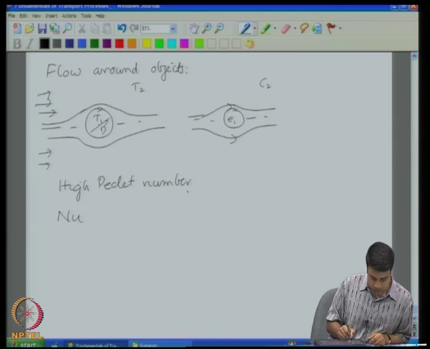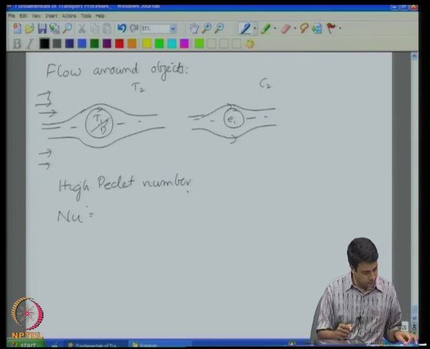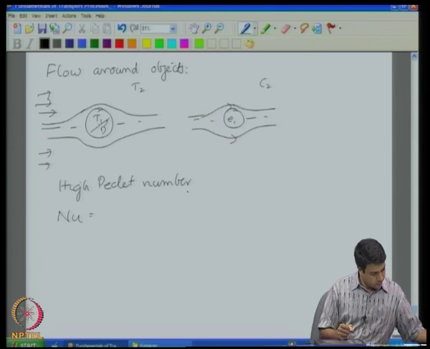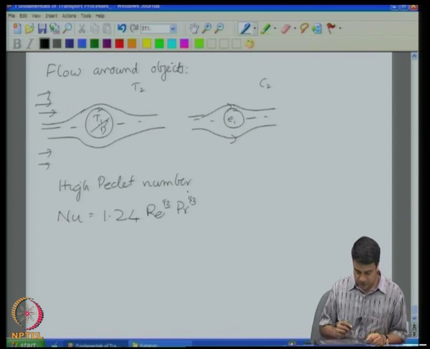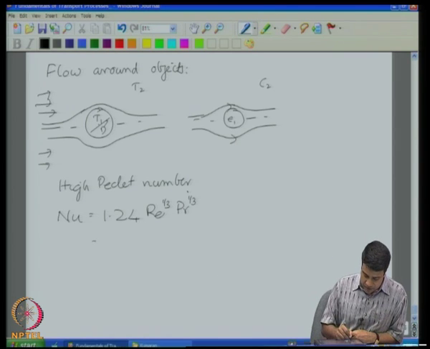I will have Nusselt number is equal to 1.24 Re power 1/3 Pr power 1/3. And you can see that this is equal to 1.24 times Peclet number power 1/3. So, this is still in laminar flow.